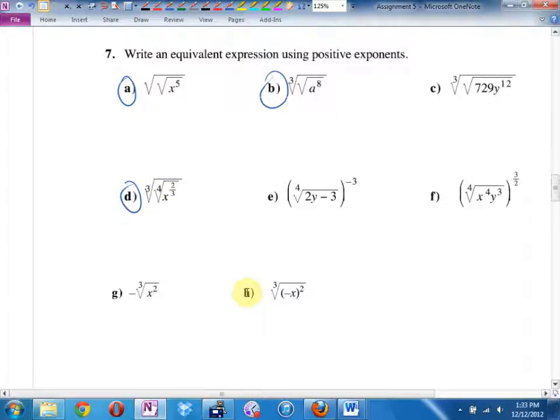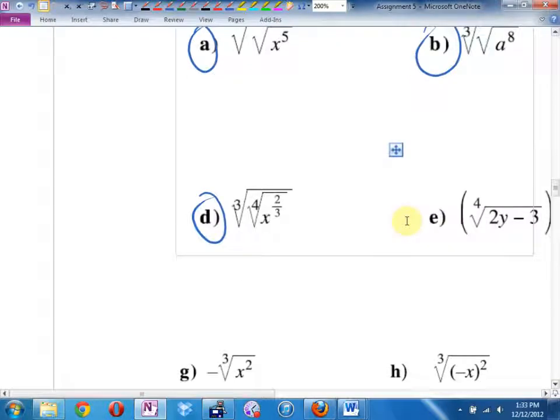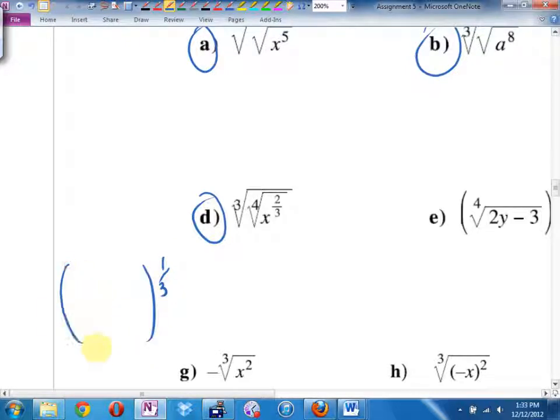We can handle this. Do you remember what I said to you guys last day? Alex, I said start on the outside first. See the cube root? What's that as an exponent? If I write this as powers, on the outside there's going to be, then there's an inner root, 4th root, and inside there, there's an x to the 2/3.